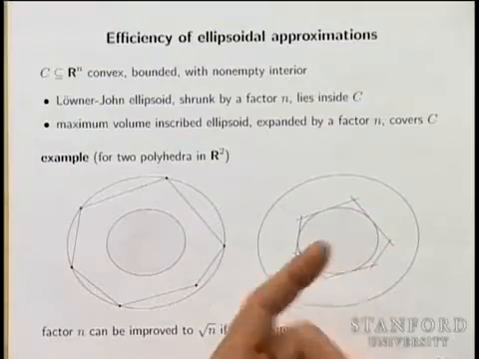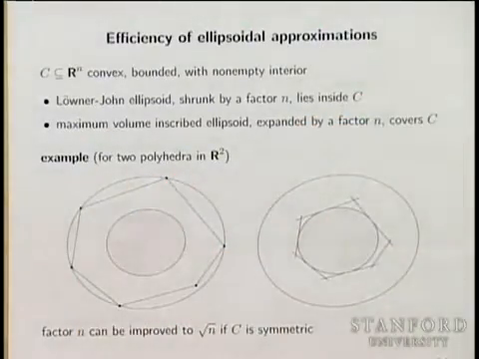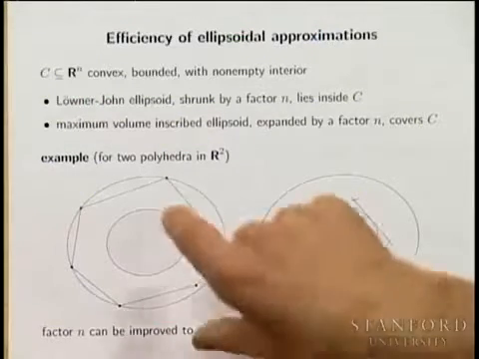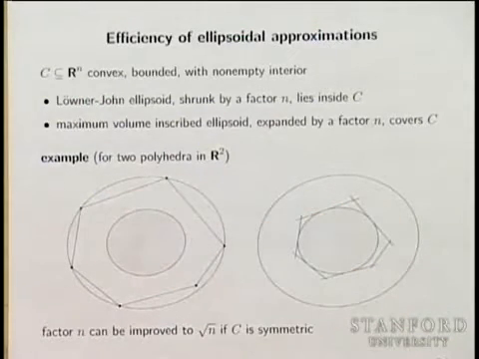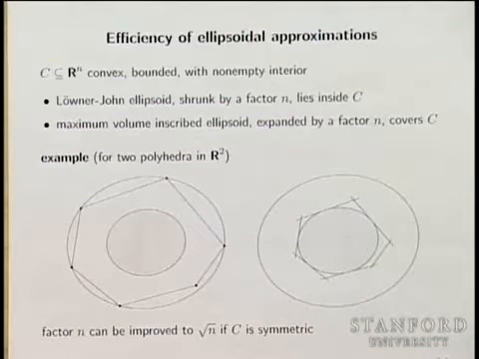By the way, the same is true here. If you take the maximum volume ellipsoid that fits in a set and you grow it by n, it covers the set. Now, you might say n is a big factor. Well, yeah, but at least it's a factor. And it basically says the following. By the way, if you split the difference, I can say it this way. I can approximate any convex set, bounded, non-empty interior, that kind of stuff, any convex set in Rn within square root n.